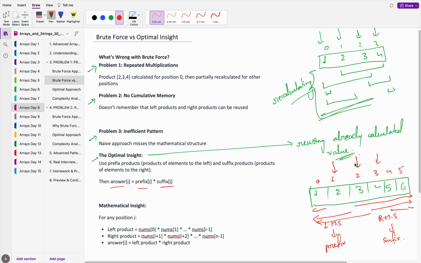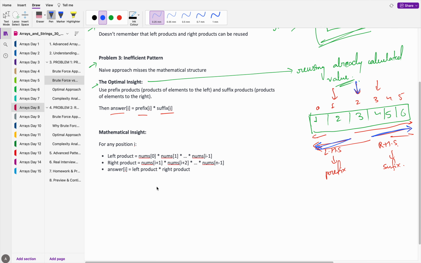If I talk about index 2, then the answer for 2 would be prefix of 2, which is the multiplication of these elements, and suffix of 2, which is the multiplication of these elements. That's the direction we are going to move in.